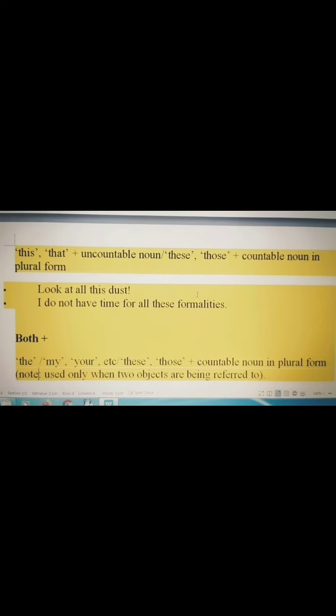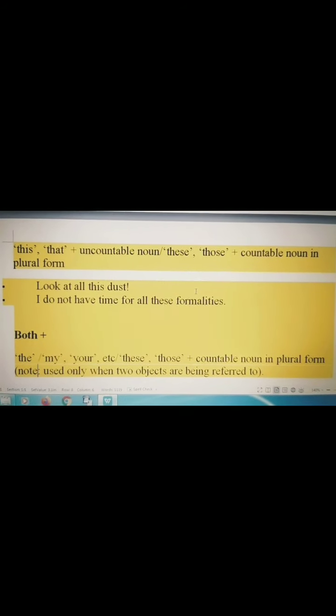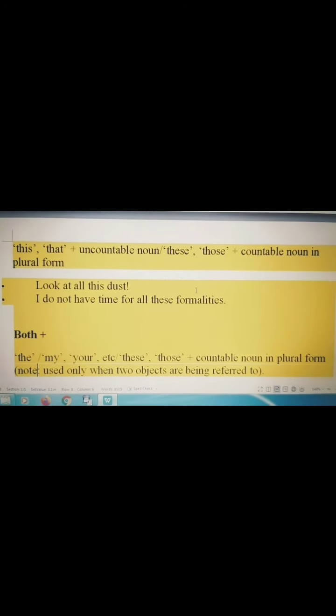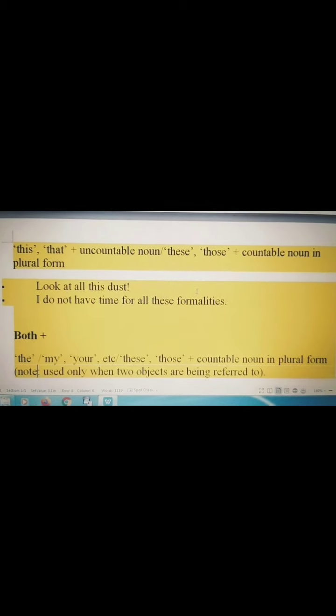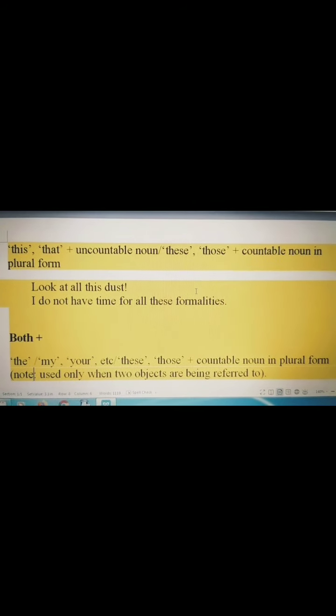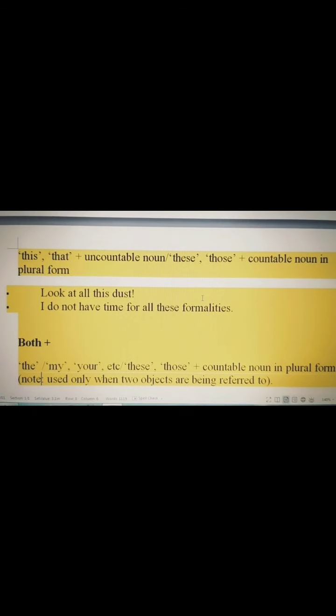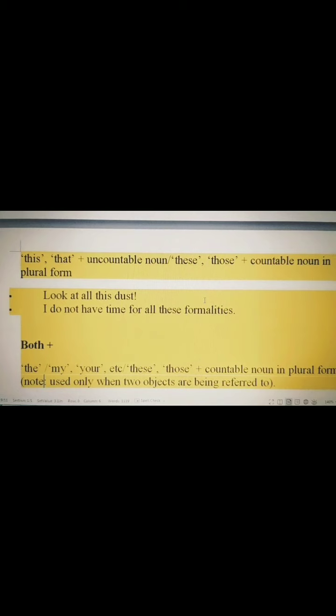Secondly, I do not have time for all these formalities. So here it can be the countable one. I hope it is clear to all of you that with this we have used all here, and with these also we have used all.